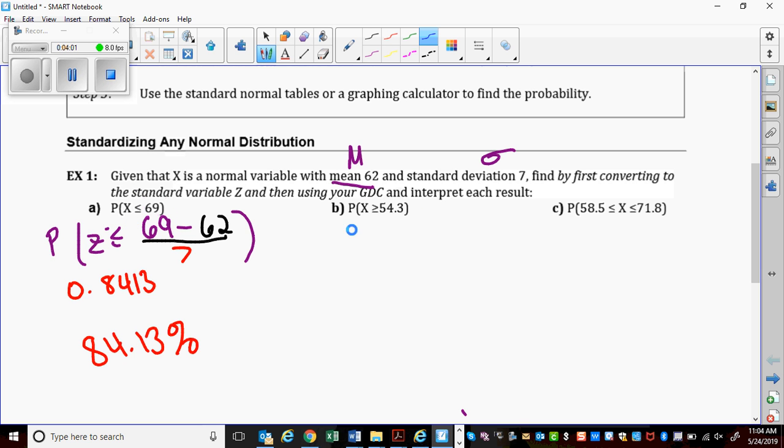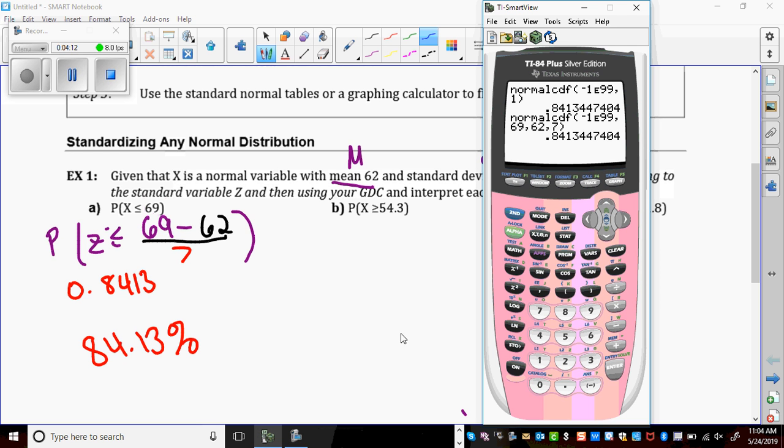Now, if we want our observation to be greater than 54.3 with the same parameters, the same mean and standard deviation, you guys are going to go back to your calculator. Okay, so second vars 2, and this time it's greater than 54.3. My x is greater than 54.3, so my lower bound this time is 54.3.